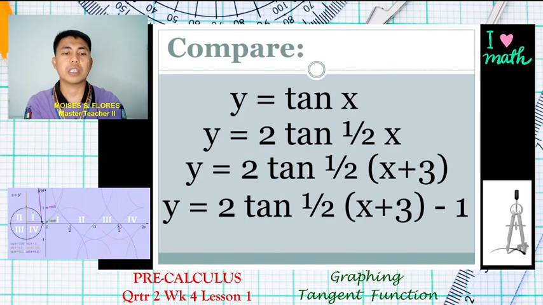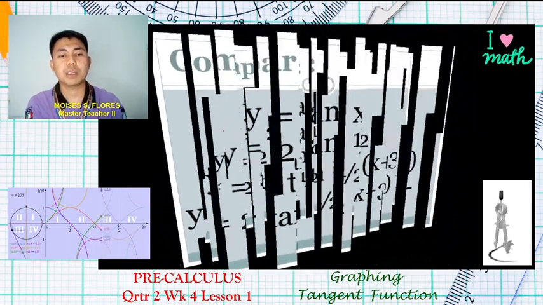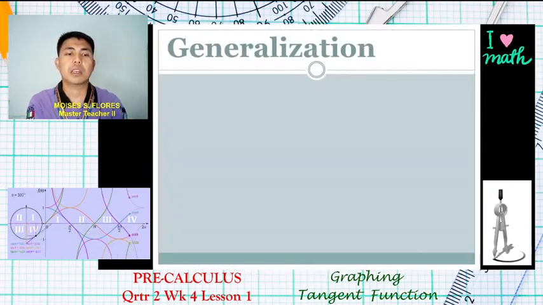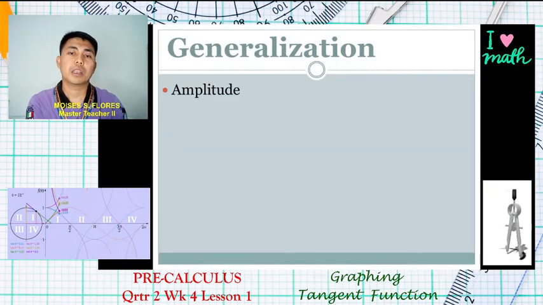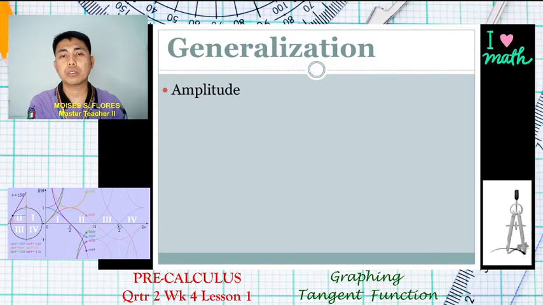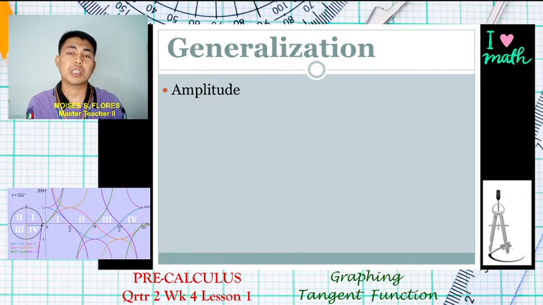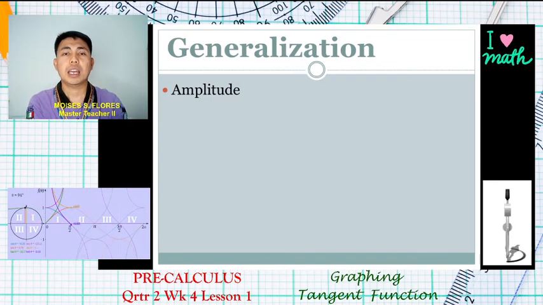So as we sum up our graphing of tangent functions, bear in mind, guys, the first one is the amplitude. The amplitude is needed for us to determine the coordinates, the second coordinate, and then the third coordinates.